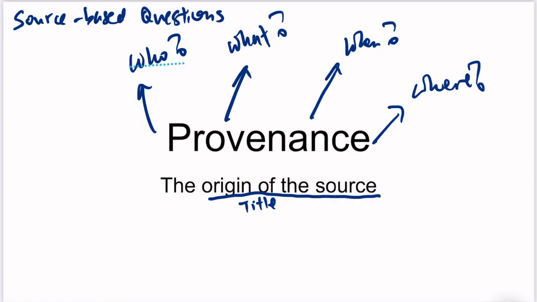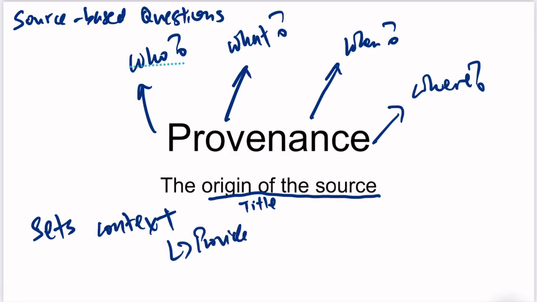Now, why is it so important for you to unpack the provenance? Because the provenance sets the context for the source. Setting a context means to provide some form of a setting. Imagine when you're watching a drama, you need to know the setting: which time period this is from, or whether there is a certain event.